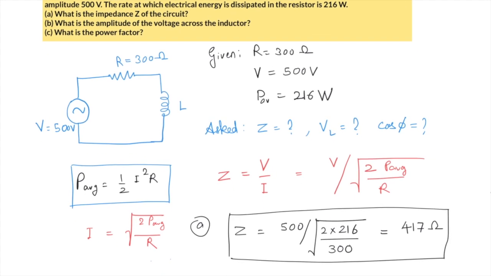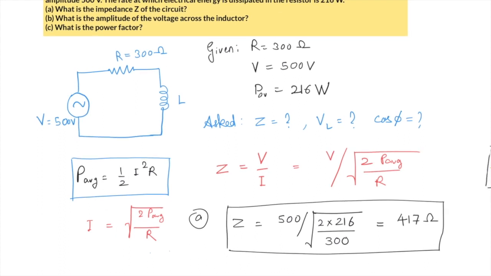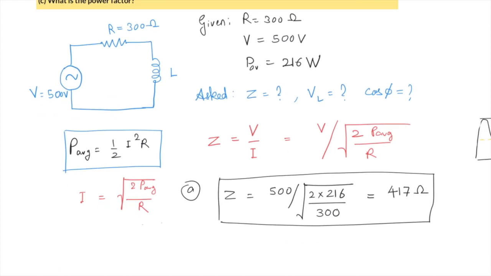Now let us go to the second part. What is the amplitude of voltage across the inductor? We are given voltage across the circuit, that is the voltage of the source, and we are asked to calculate what is VL.